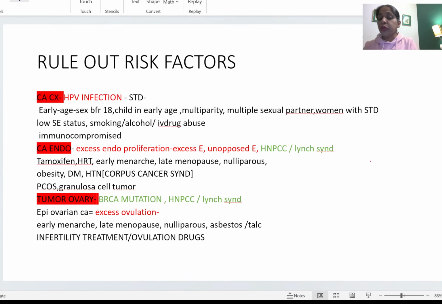I already told you, the more the estrogen, the more the endometrium proliferates.